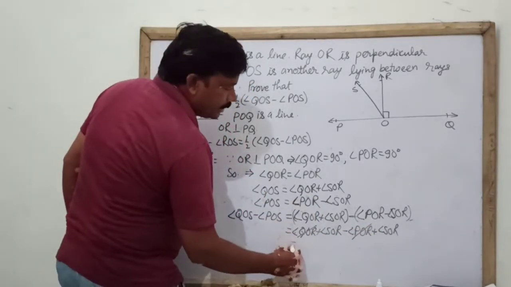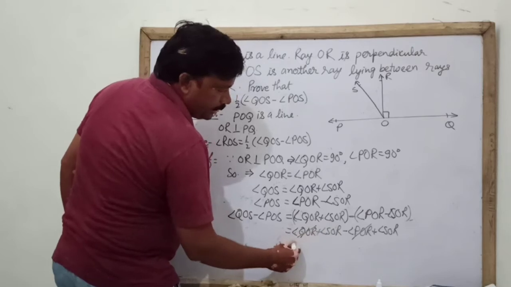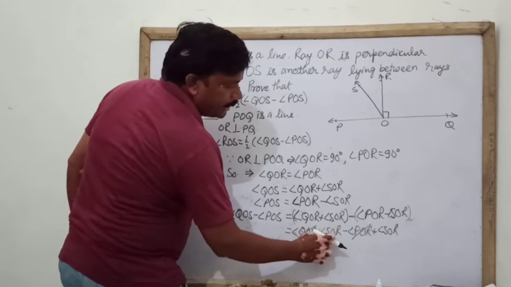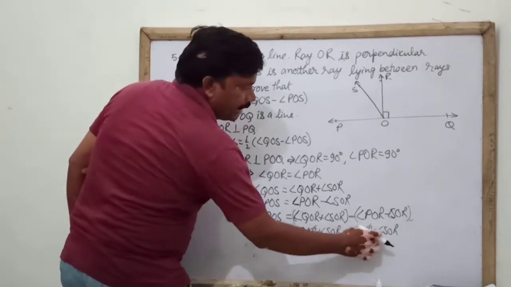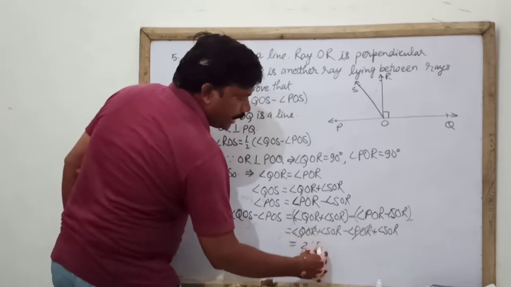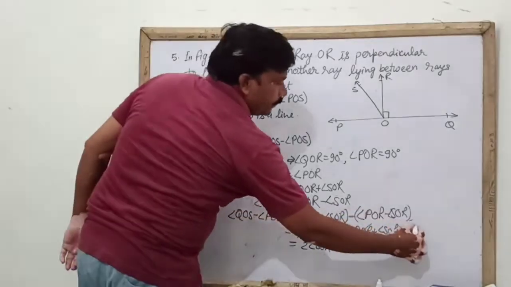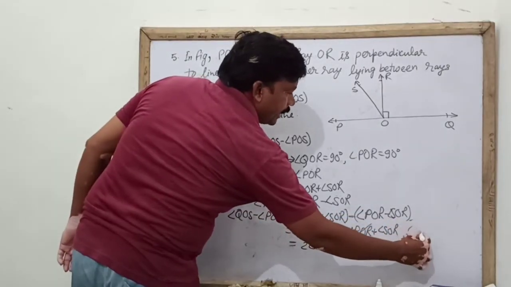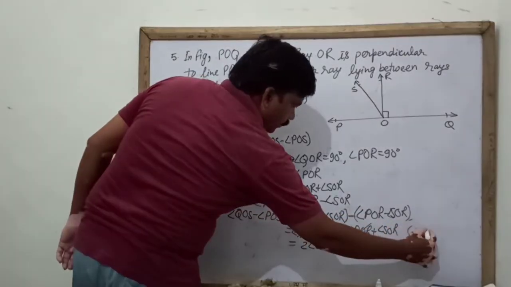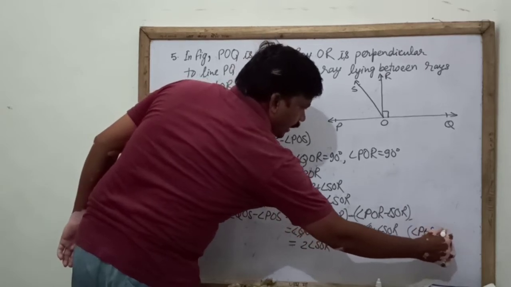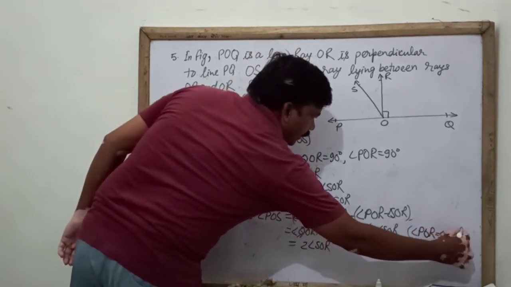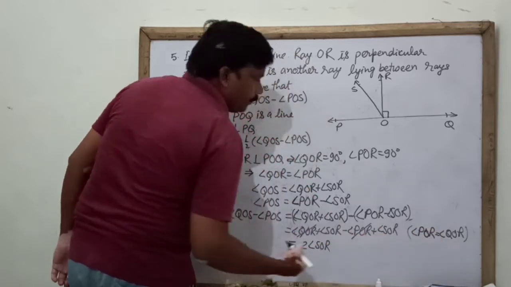Then what is the answer of it? We can add these same angles, so we get two angle SOR. We can write here that angle POR equals angle QOR, we have to find it.